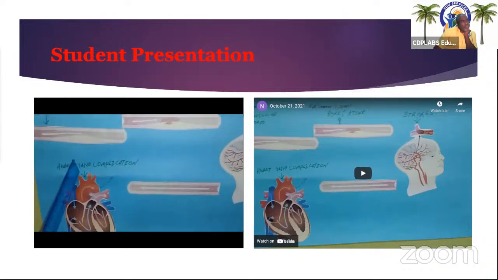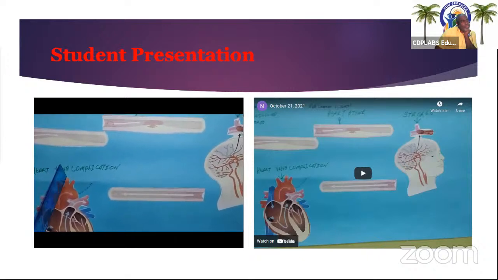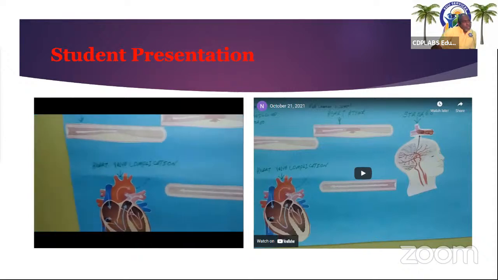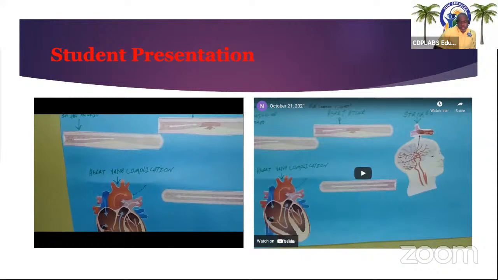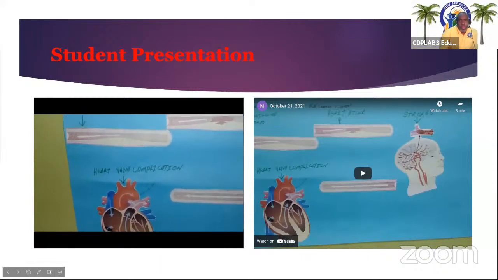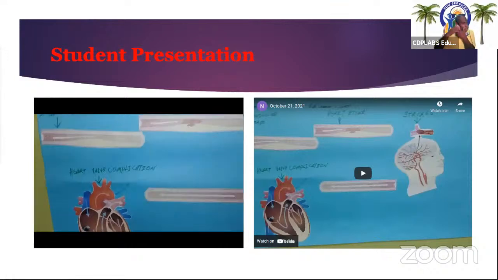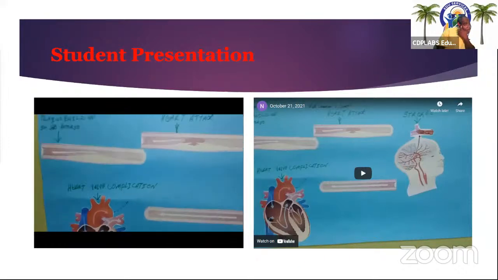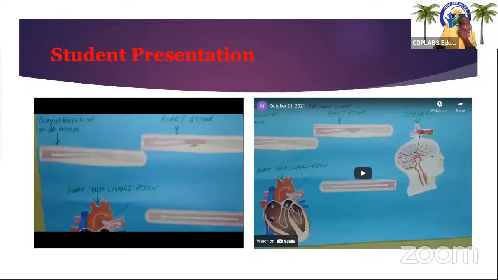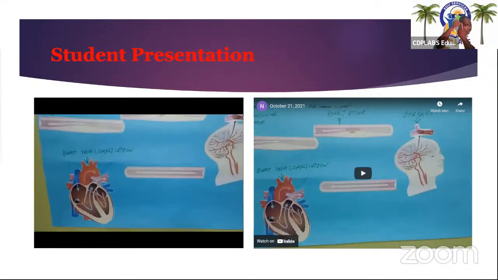This little thing here, those are the valves that prevent the backflow of blood. These valves are called leaflets or cusps, and it consists of 3 different parts.